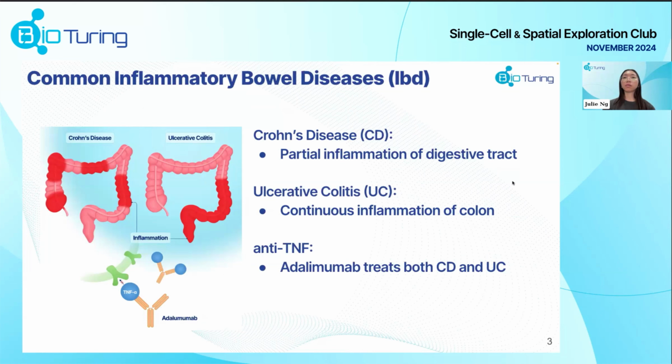For example, in Crohn's disease, we see some partial inflammation of the digestive tract, whereas in ulcerative colitis, we see more of a continuous inflammation only within the colon. So ulcerative colitis is localized to the colon only. And there exists this one treatment, anti-TNF or anti-tumor necrosis factor, also known as adalimumab, which treats both Crohn's disease and ulcerative colitis.